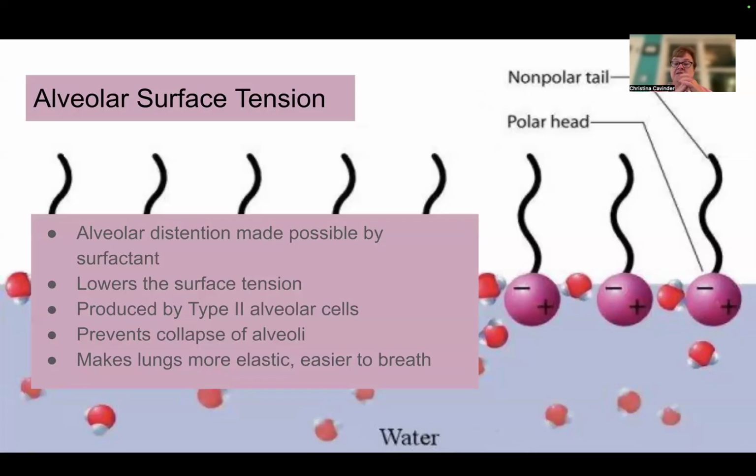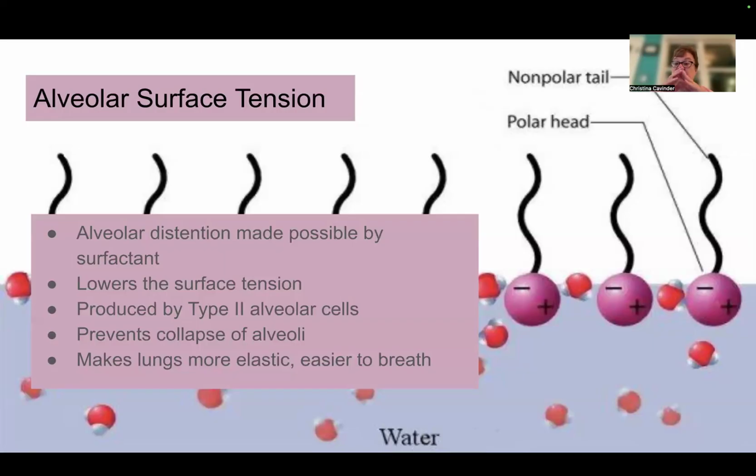There are some things that inhibit surfactant production. If the surfactant production is inhibited, then the lungs become very, very stiff. And that tissue becomes very, very easy to injure. So if you think of that balloon analogy, I'm blowing into the balloon, I'm stretching out the alveoli, and if I put a lot of force, sometimes the balloon's going to rupture, right? It's just going to pop.